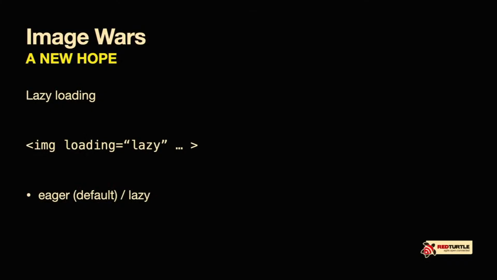And there are two options for this HTML attribute. The one that's usually used is lazy, because the other option is the default one, so you basically don't write that usually, but you can write loading eager if you want. It's just useless.